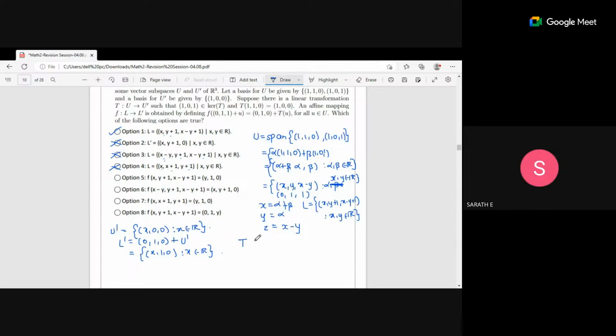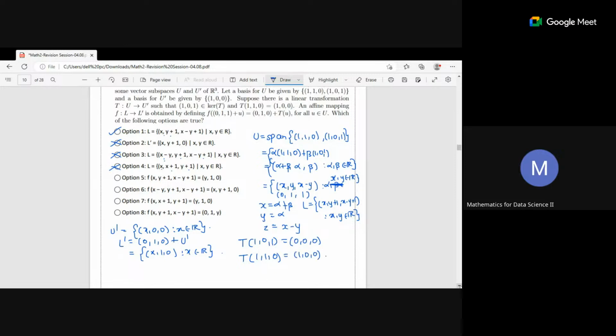T of (1, 0, 1) equals 0. It means T of (1, 0, 1) is (0, 0, 0). Now, what is T of (1, 1, 0)? It is (1, 0, 0).